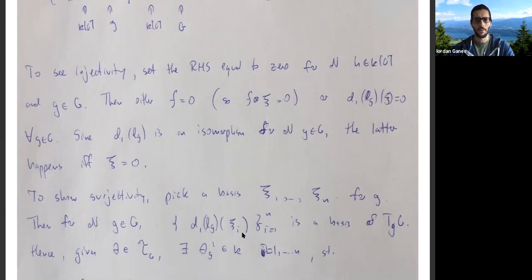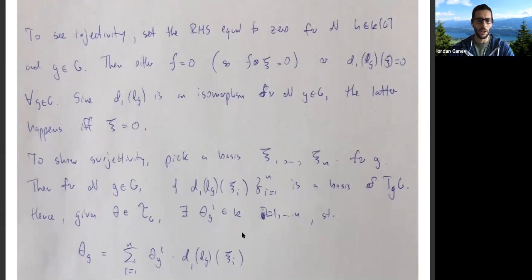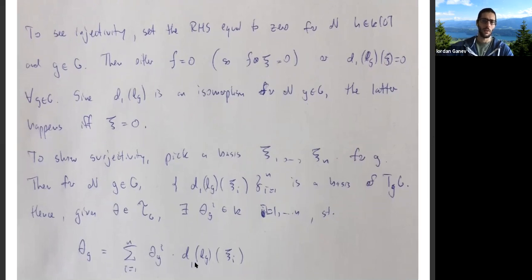And so if we have some vector field, then we can think about the value of that vector field at any point in the group. If we take a point in the group, little g, then that vector field will be some element of that tangent space, and we already have a basis for that tangent space, so we can write out that element in terms of this basis.